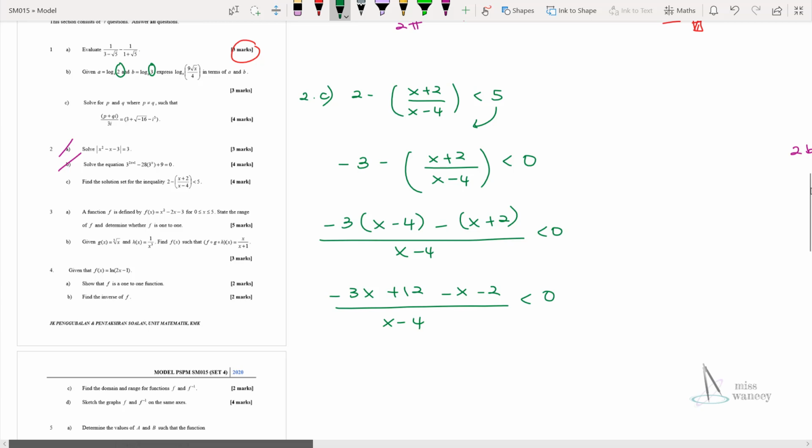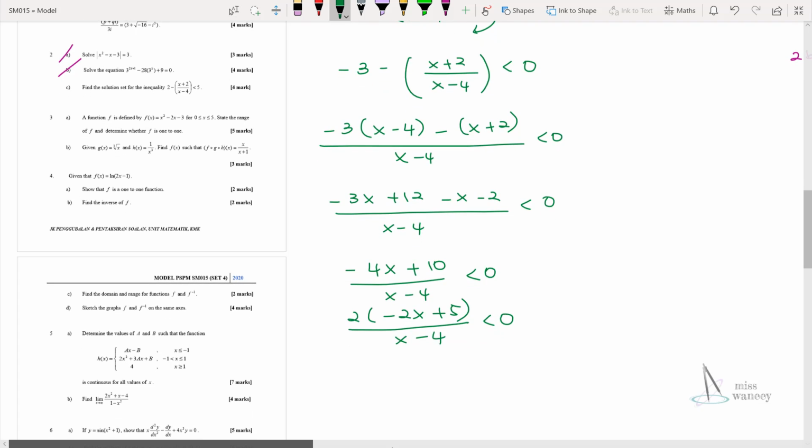So negative 3x minus x is negative 4x, positive 12 minus 2 is positive 10, over x minus 4 less than 0. So factorizing the 2 outside, so we have 2 and then (-2x + 5)/(x - 4), this is less than 0.